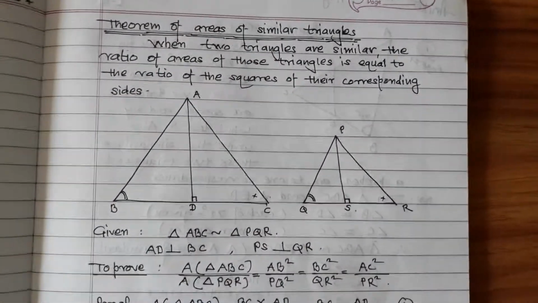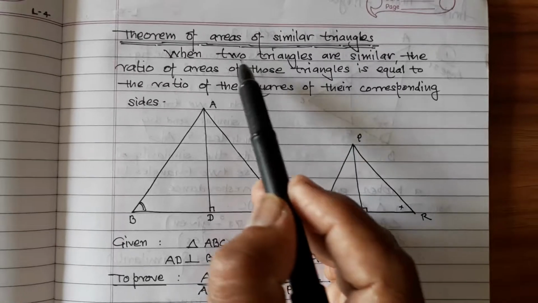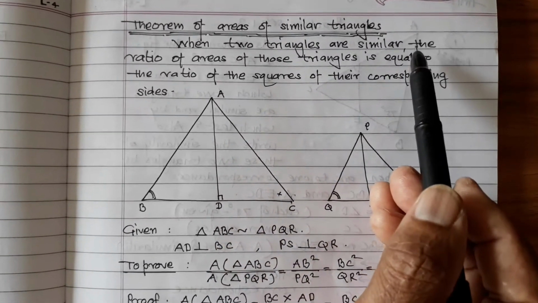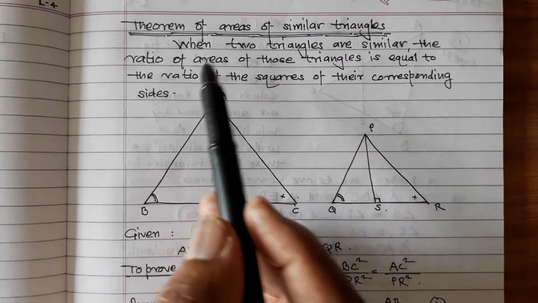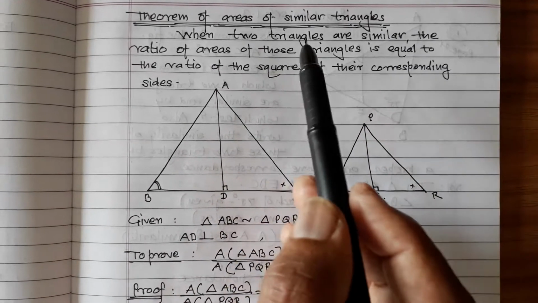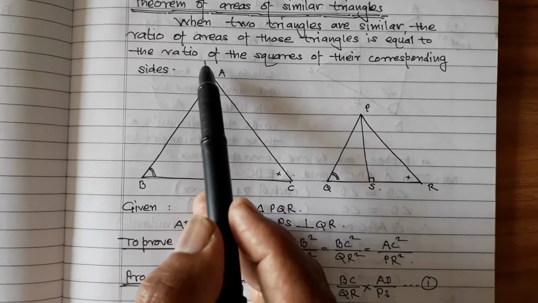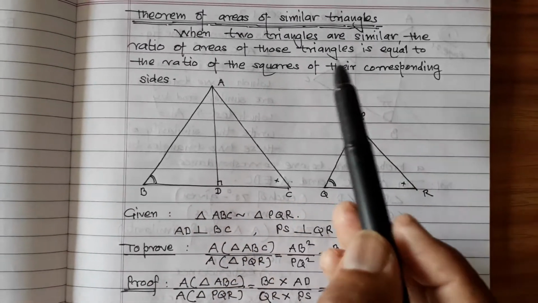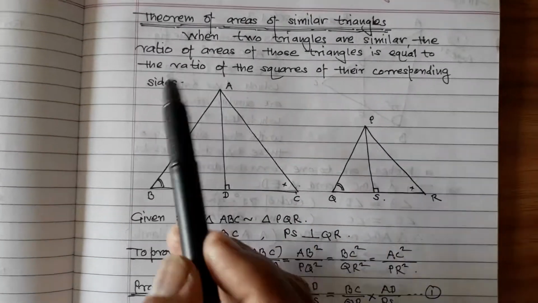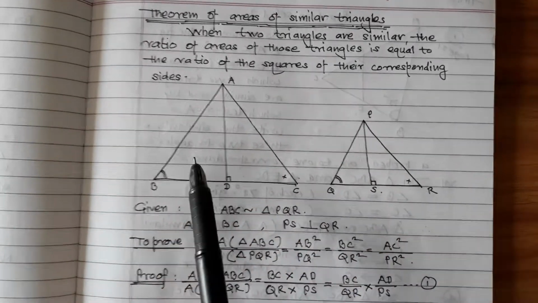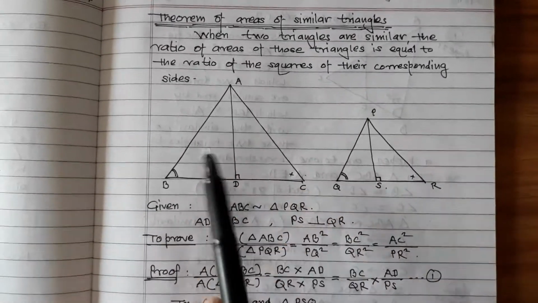Now the theorem is this: when two triangles are similar, the ratio of the areas of these triangles is equal to the ratio of the squares of their corresponding sides. I will explain the meaning of this.